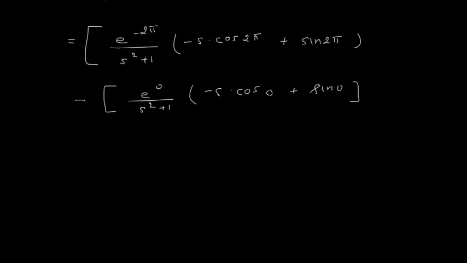So this is equals to e raised to minus 2 pi upon s square plus 1. Here cos 2 pi is 1, right, cos 0 is 1, cos pi is minus 1, cos 2 pi is plus 1. So here I will get minus s, and sin 2 pi is 0.